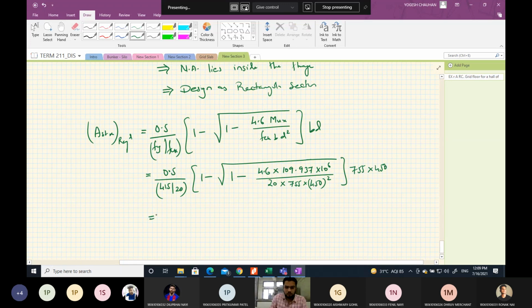So 707.6 mm square is the AST X required.